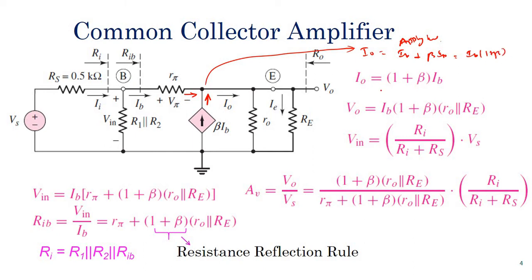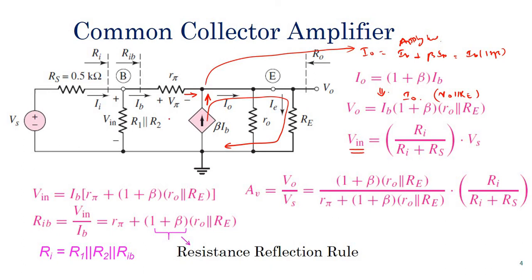So this is what I0 is. And what is V0? V0 is due to these two currents circulated here. So V0 is I0 into R0 parallel RE.